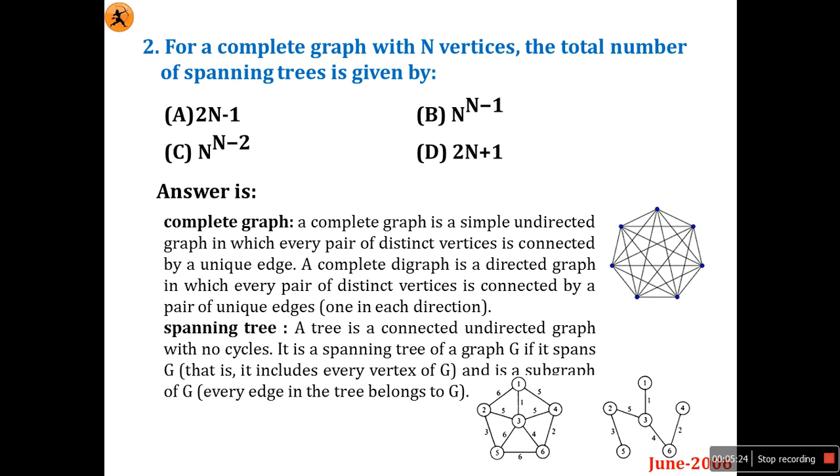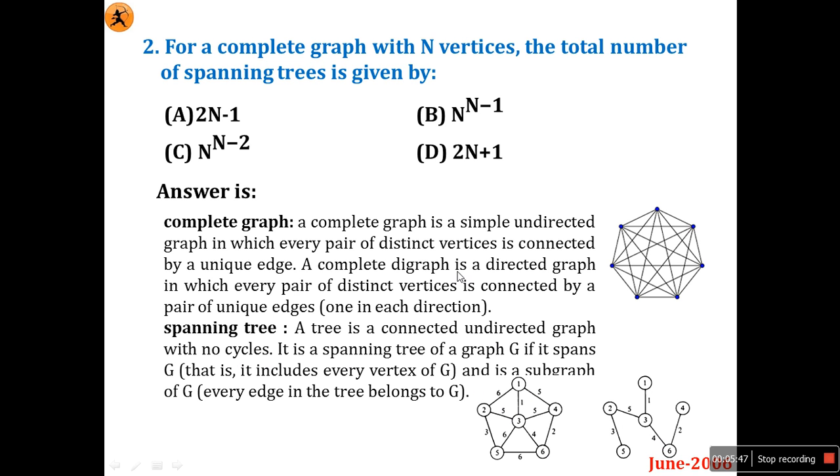So a spanning tree is a connected undirected graph with no cycle. It is a spanning tree of a graph G if it spans G, meaning it connects the start vertex to the end vertex with only a single edge. This is the subgraph generated for this graph.